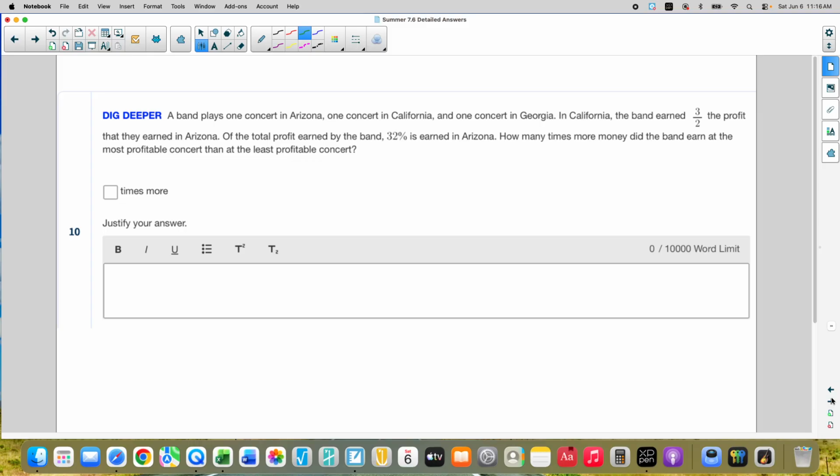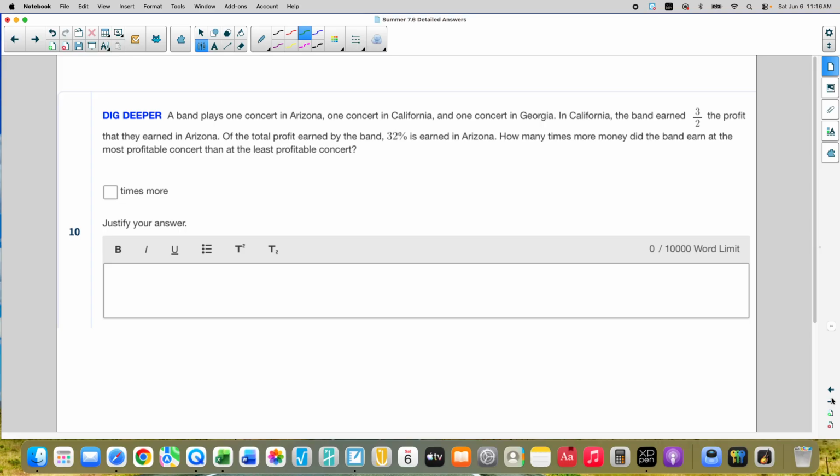A band plays one concert in Arizona, one concert in California, and one concert in Georgia. In California, the band earned 3/2 the profit, 1 1/2 the profit that they earned in Arizona. Okay, that's 150%. Of the total profit earned by the band, 32% is earned in Arizona.